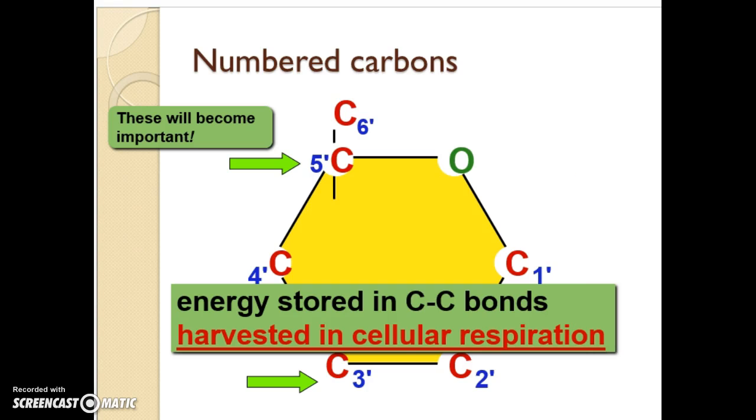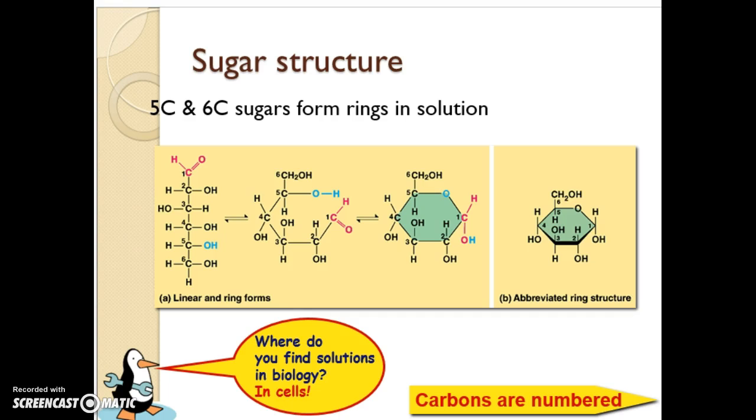And that gets harvested in cellular respiration as those bonds are broken apart through a series of chemical reactions. So going back here and looking at our linear structure of a sugar molecule, you can see the numbering system. We have the 1 here, the 2, 3, 4, 5, and 6. The oxygen that we start with before we start numbering is this blue one right here. It's part of the hydroxyl group on the 5th carbon.